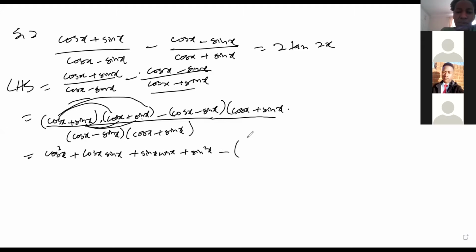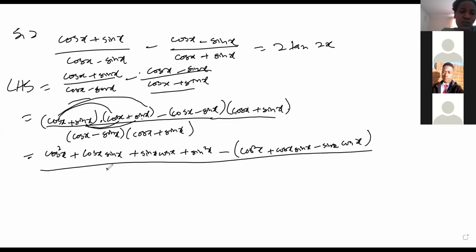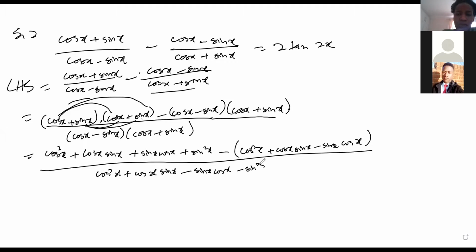Then on this side, I have a minus, which I leave outside: cos squared x plus cos x sine x minus sine x cos x minus sine squared x, all over cos x. Let's simplify the denominator also: cos squared x plus cos x sine x minus sine x cos x minus sine squared x.